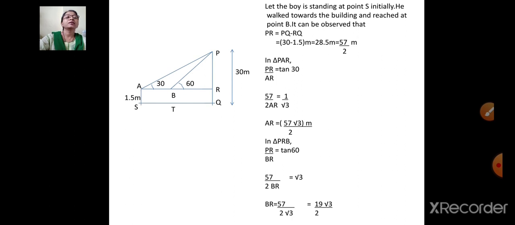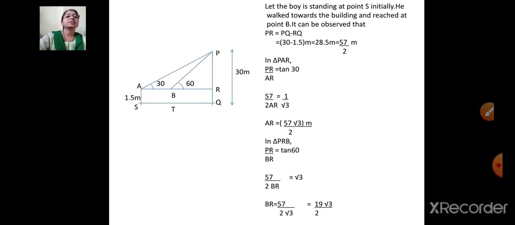So in triangle PAR, which is a right angle triangle, as I told you, tower, building, tree, pole, these are always perpendicular to the horizontal. So triangle PAR is a right angle triangle. Angle A is 30 degree. So PR upon AR, opposite upon adjacent, is nothing but tan of 30 degree.